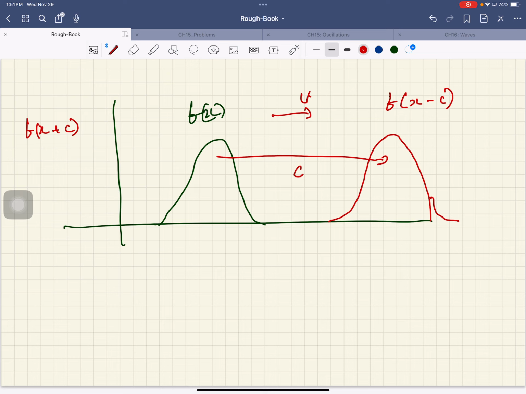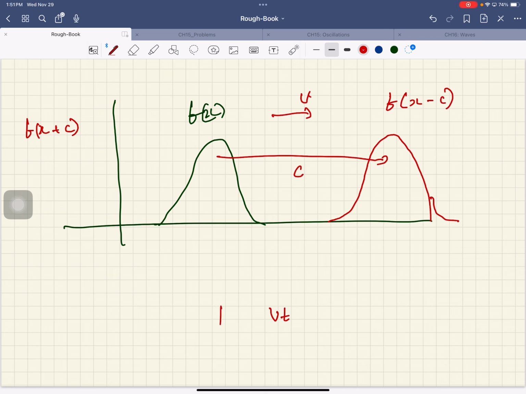I'll give you a hint so you can build it. In 1 second, how far will it have traveled? V meters per second, v meters. In 2 seconds, how far will it travel? 2v meters. So in t seconds, it'll travel vt.